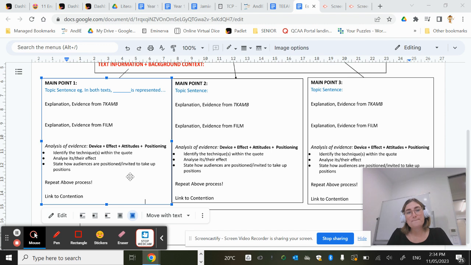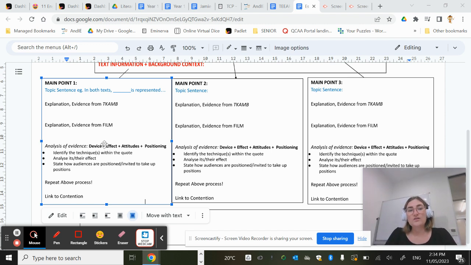So this main point here is going to be your body split into 2. It's basically a giant TERL paragraph, and we just split it in half by leaving a space in our writing, and then it becomes 2 mini paragraphs that are actually part of one main idea with a TERL structure.